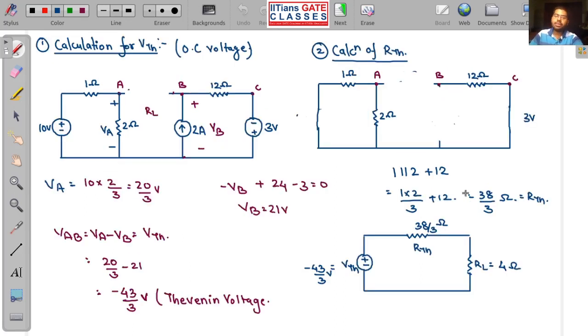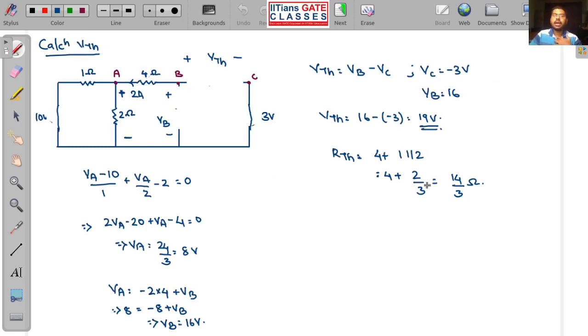Now there is no relationship in between the two. So what I want to say is, whenever we have a different load terminal, then the whole VTH and RTH changes.